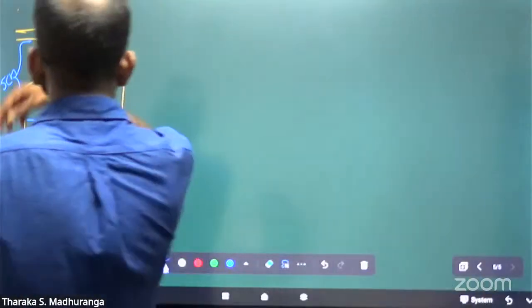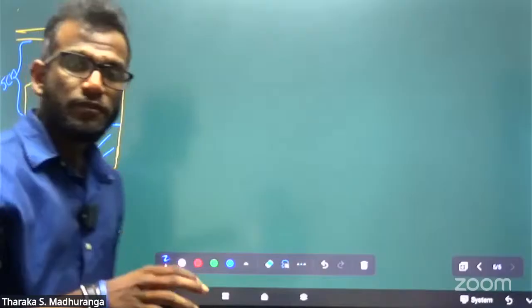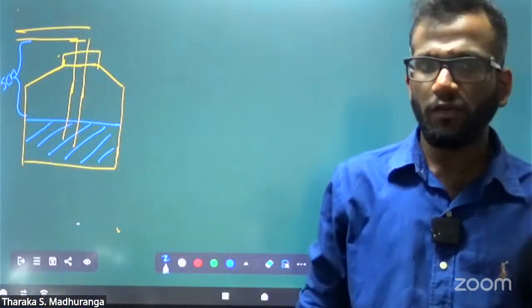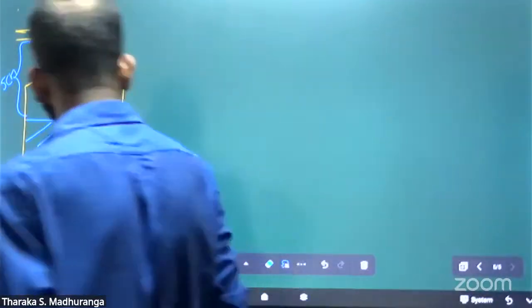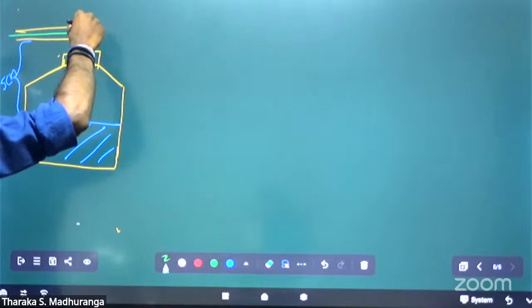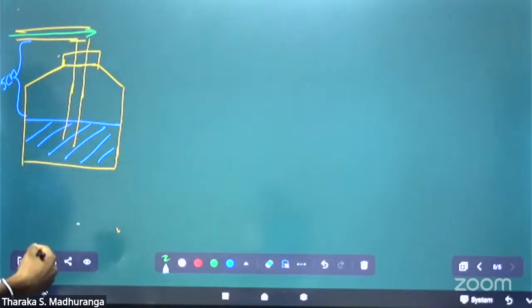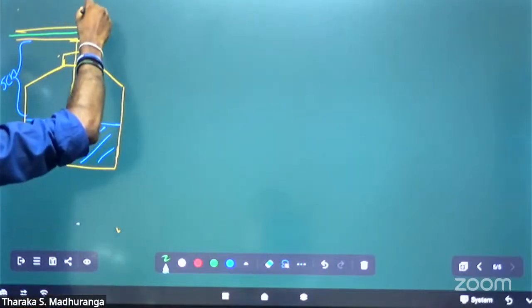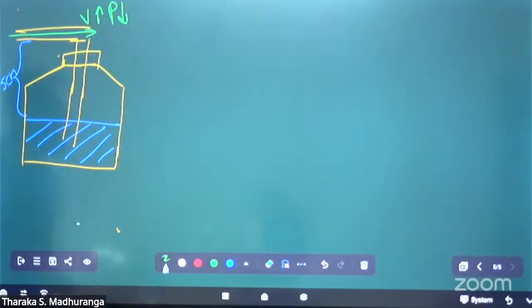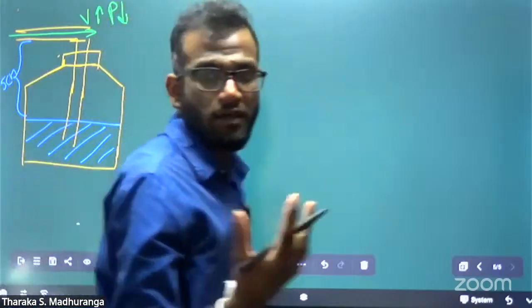First of all, you need to understand what happens in the spray machine according to Bernoulli's theorem. It works according to Bernoulli's theorem. When the air flowing speed increases, the velocity increases and the pressure decreases.